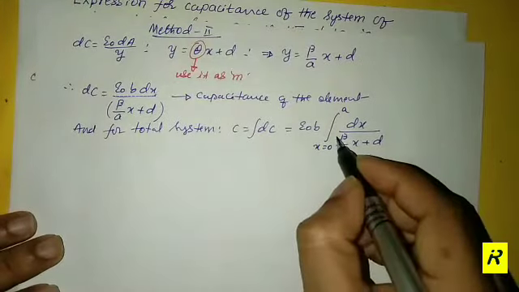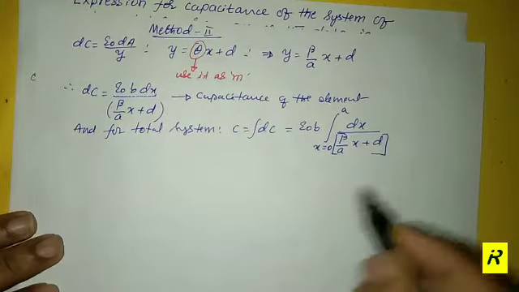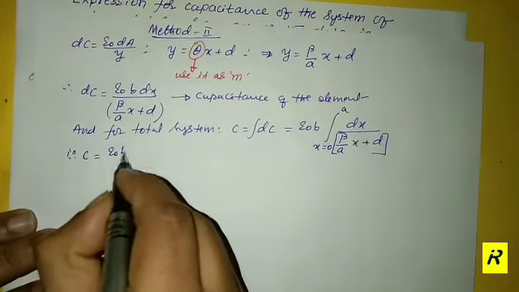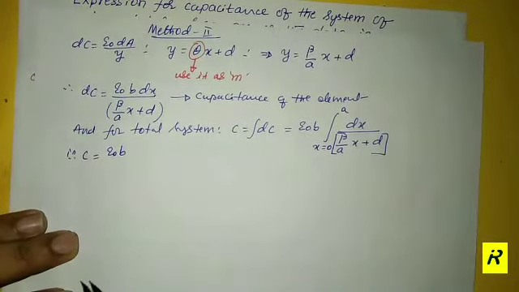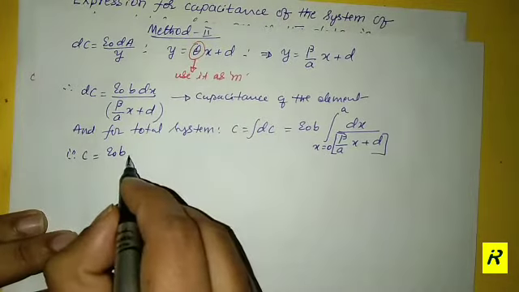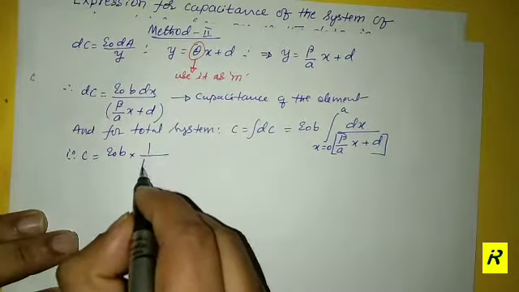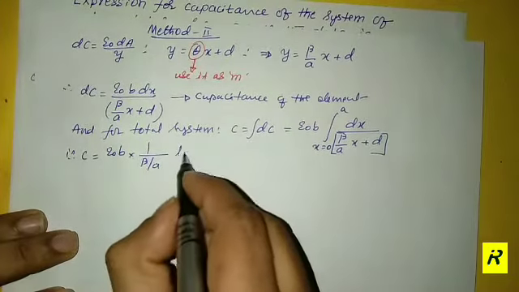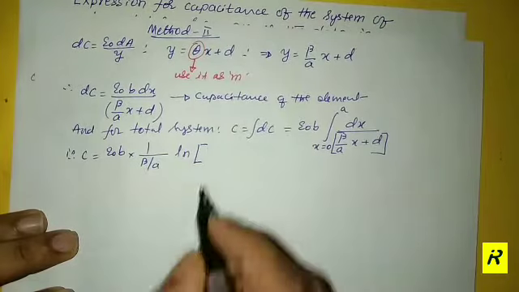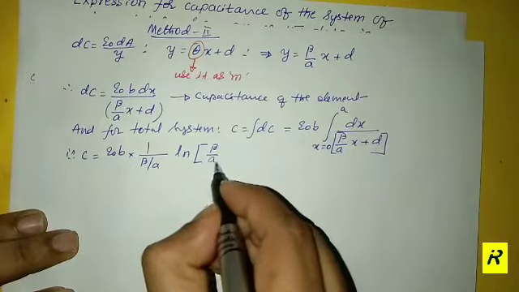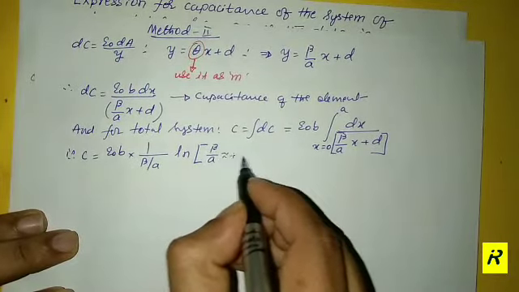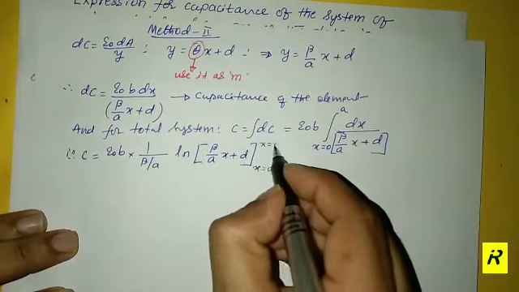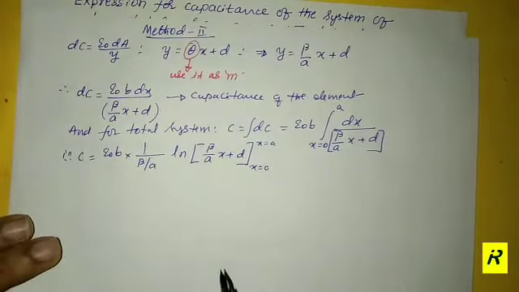Well, when I make this integration, what I may get is c is equal to epsilon o b, right? The integration will yield a result like this, into 1 divided by beta by a, beta by a, and natural log of beta divided by a into x plus d, and don't forget the limits 0 to a.